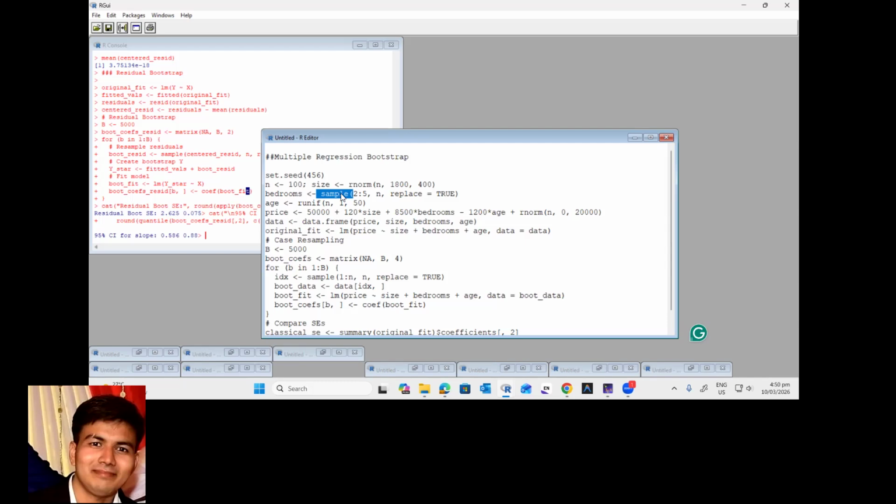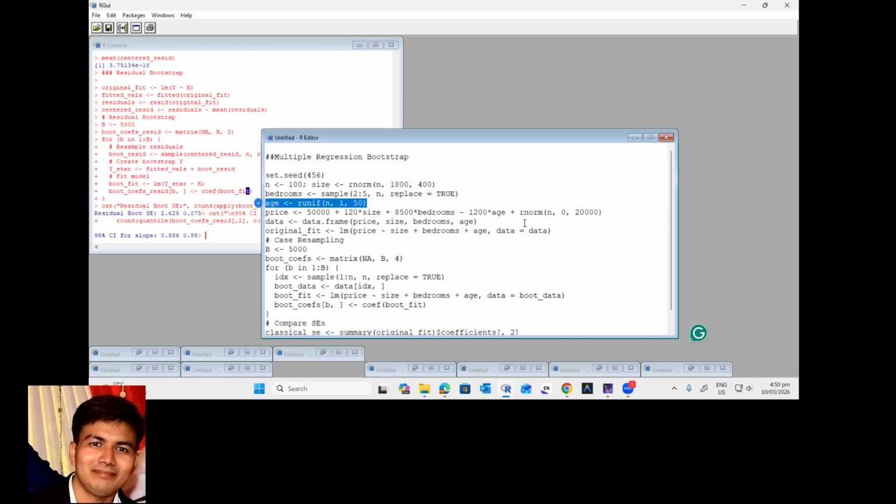This creates a discrete predictor for the number of bedrooms. And after that, we generate the age from the uniform distribution of size n, 1 to 50. So here we generate 100 random numbers from a uniform distribution between 1 and 50, representing the age of the houses in years.